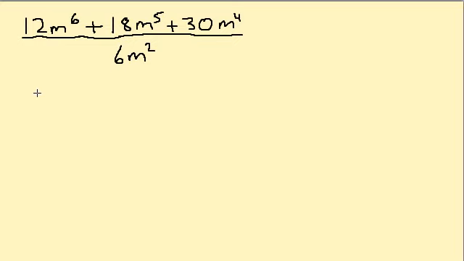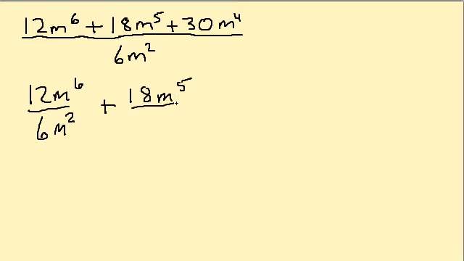So what you do is you're going to take the 12m to the 6th over 6m squared plus 18m to the 5th over 6m squared plus 30m to the 4th over 6m squared. So what we did is we broke it up. Okay, we wrote it as separate fractions.